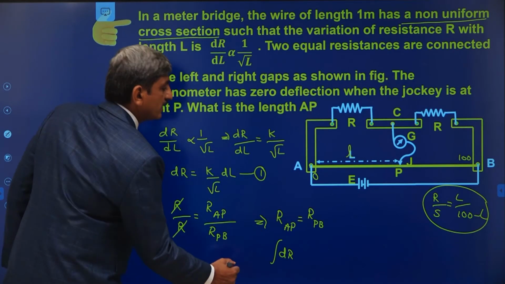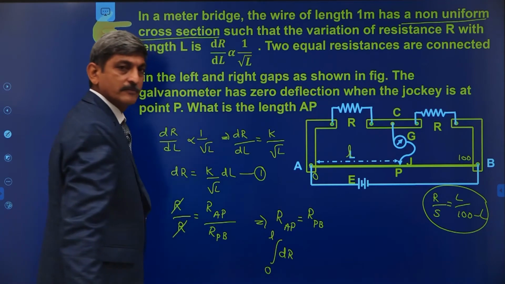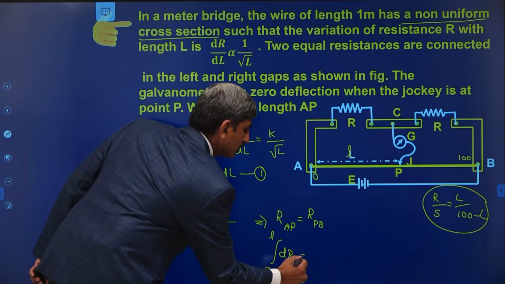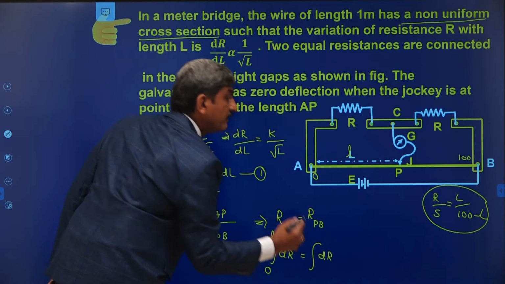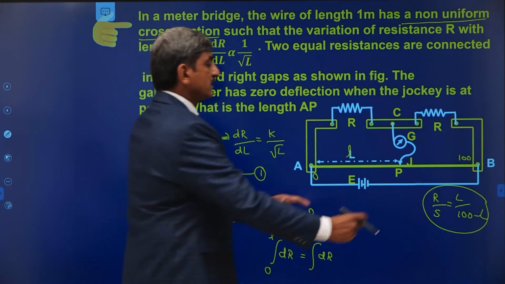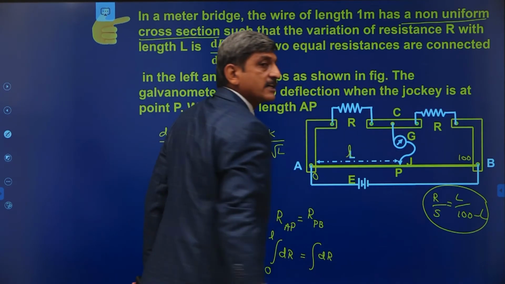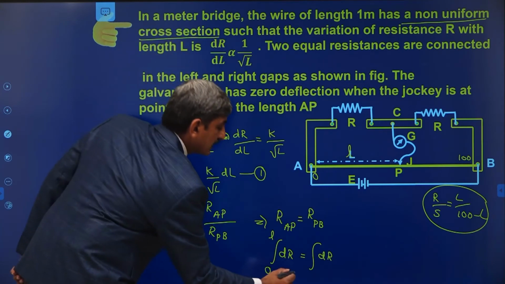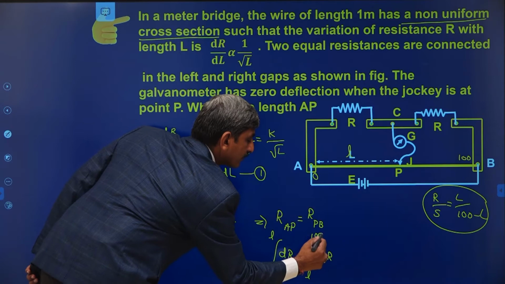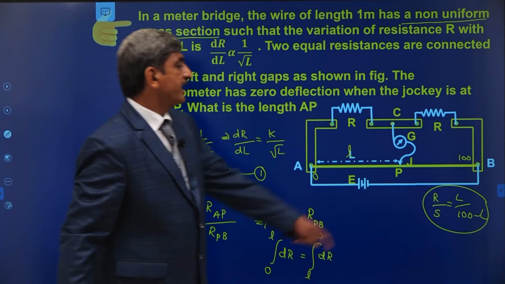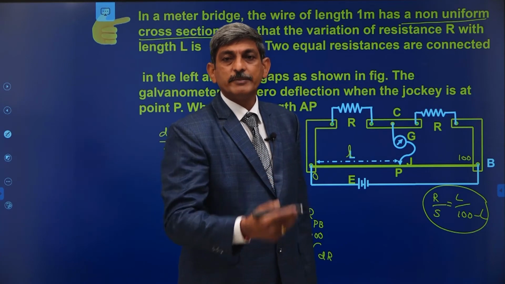So the limits of the integration must be taken from 0 to L, is equal to RPB, that is integral dR between what limits? Here the PB portion starts at length L and ends at 100 centimeter. That's why the limits of the integration must be taken from L to 100. See, if it is taken as 100, that is in centimeters, you will get the answer in centimeters.